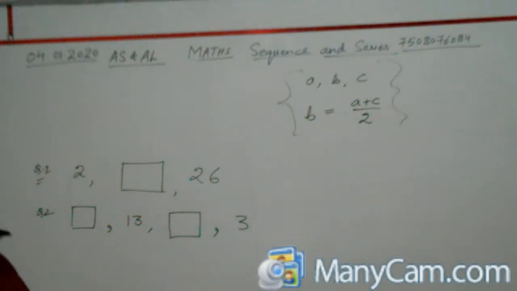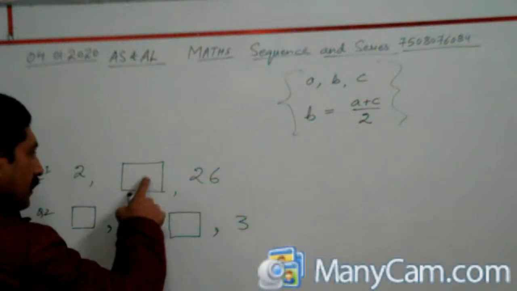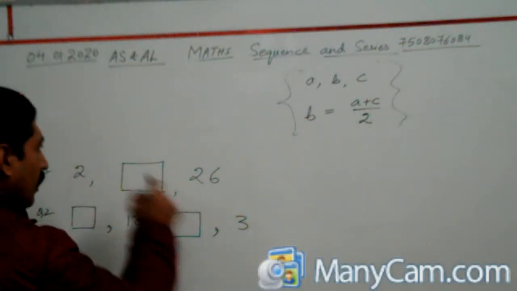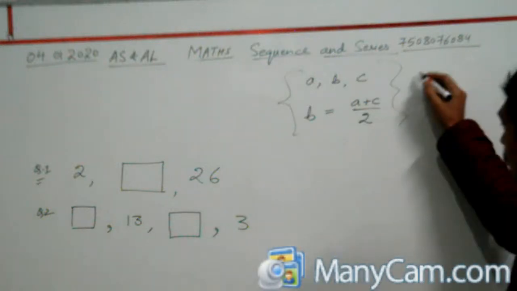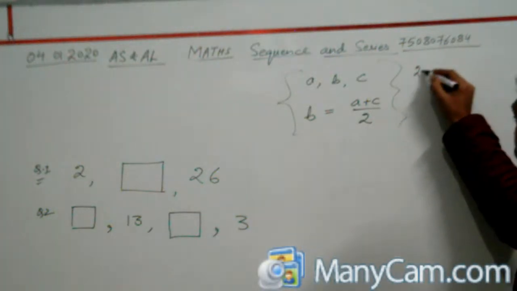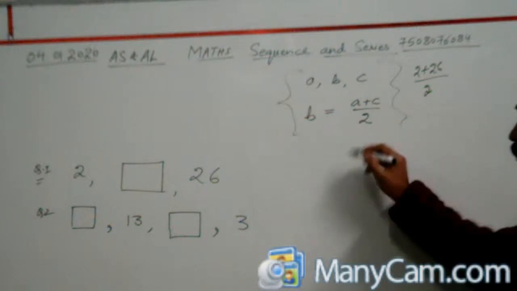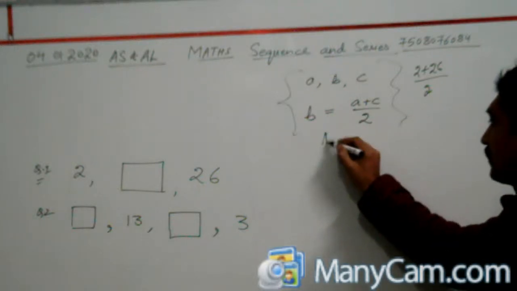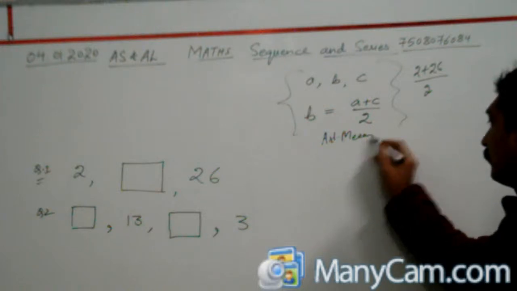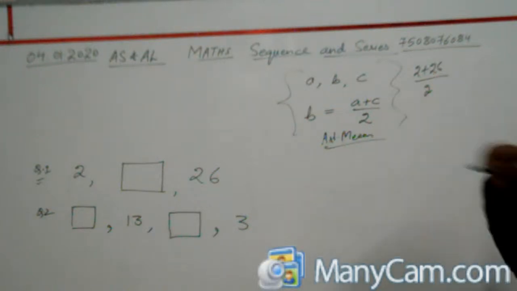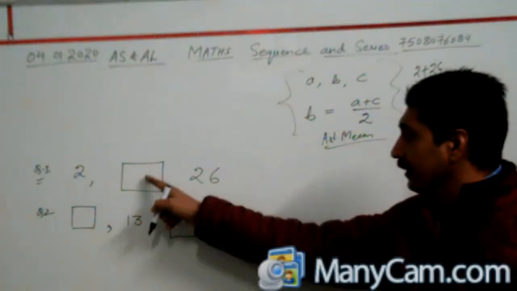So here it is a simple one, but if we want to, we can apply the formula here. In this way, the question is like (2 plus 26) divided by 2. This is also called the arithmetic mean. So here the number is 14.